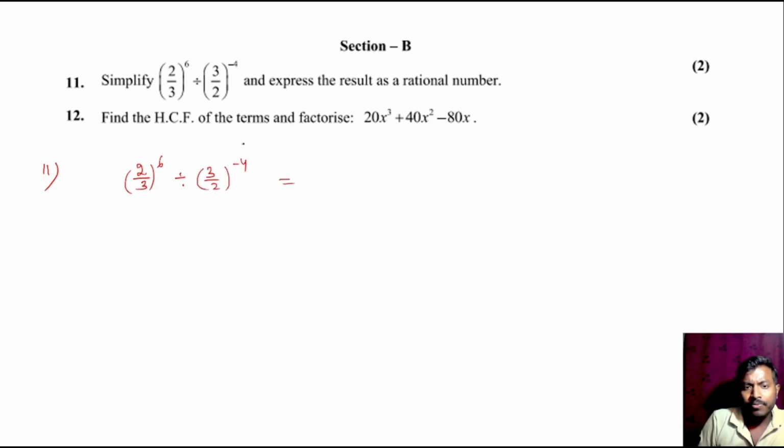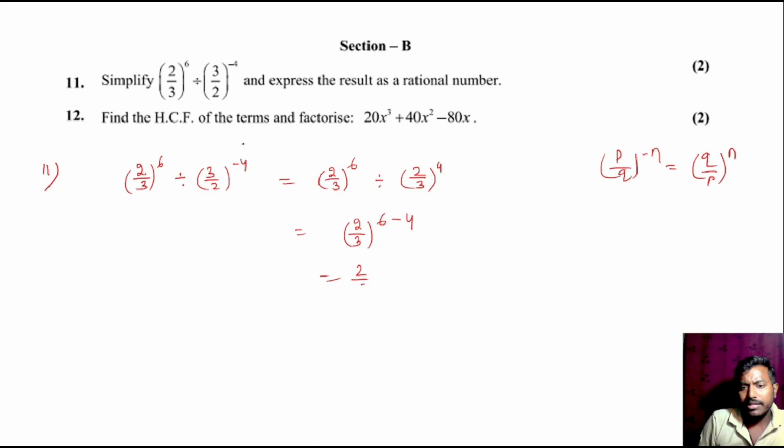Now make the base the same. We can write 3 by 2 to the power minus 4 as 2 by 3 whole to the power 4, because we know that p by q whole to the power minus n equals q by p whole to the power plus n. Yes or no? So now the bases are equal, so apply the rule: 2 by 3 to the power 6 divided by 2 by 3 to the power 4 means 6 minus 4.